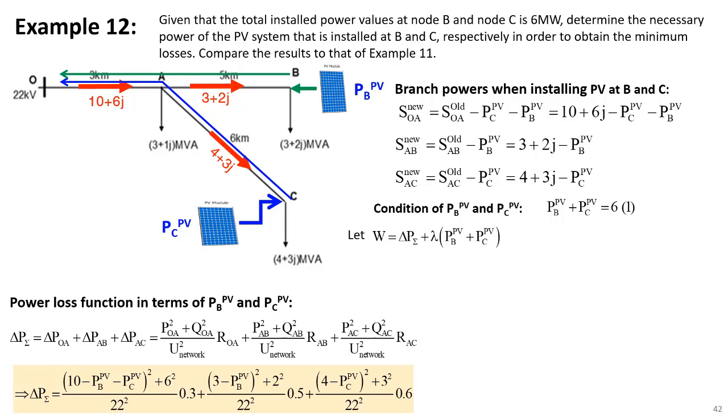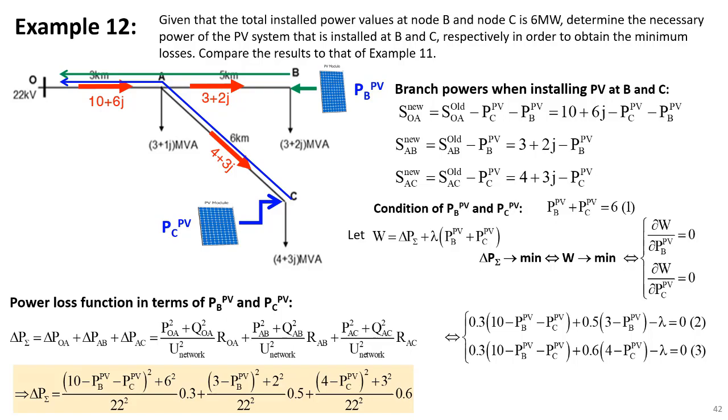Let W be the sum of delta P sigma and lambda times 6 MW. The condition for the minimum total power loss is this. Solving the two differential equations gives equations 2 and 3. And combining 1, 2, and 3 together, we gain PPV at B is 2.45 MW and PPV at C is 3.55 MW.